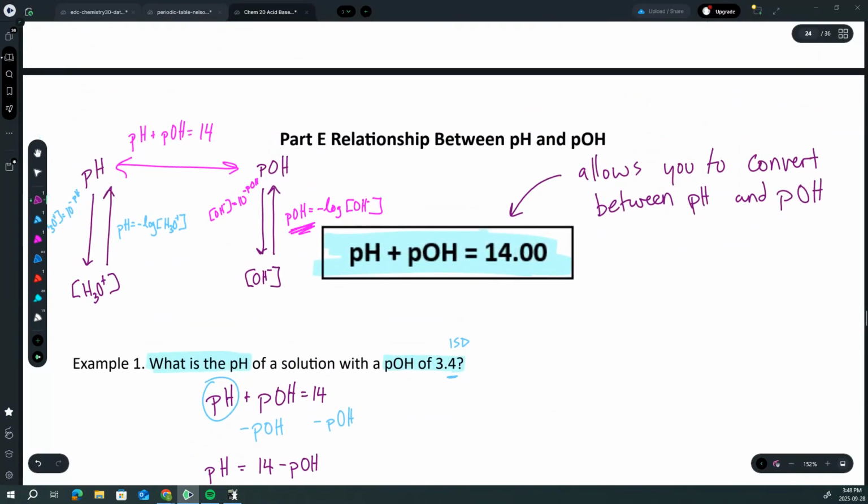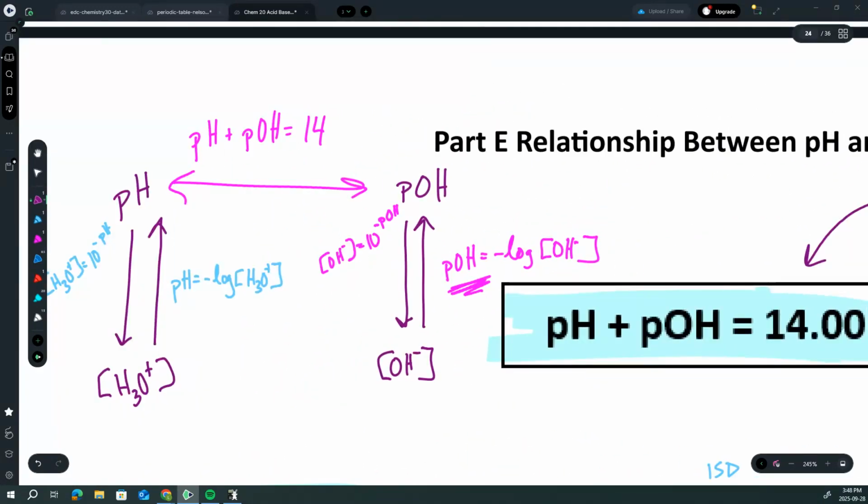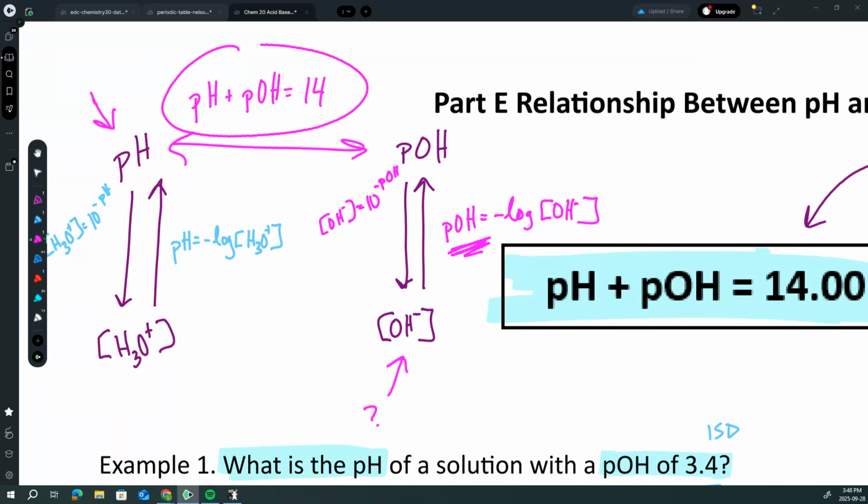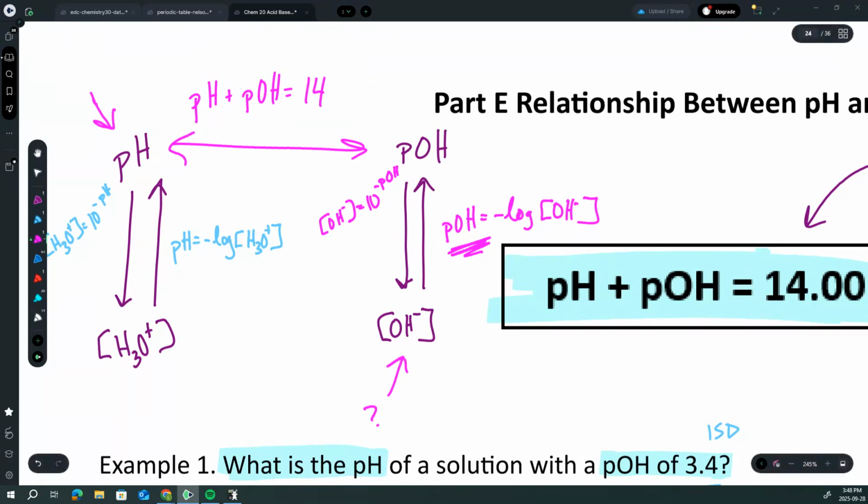As a reminder, first we need to figure out pOH using the formula at the top so that we can then get to concentration of hydroxide ions using 10 to the power of negative pOH. That is going to be our game plan here.